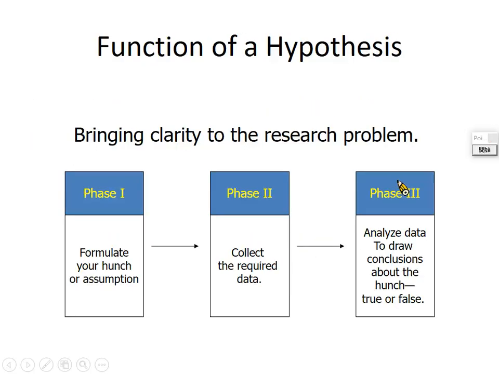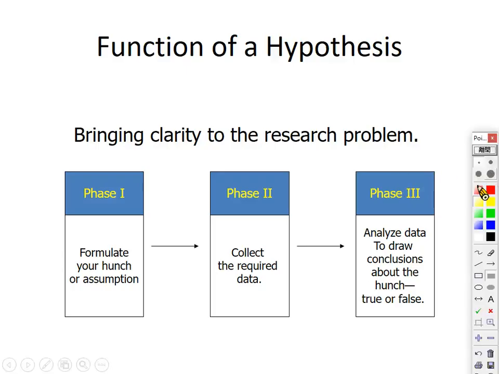And so functions of a hypothesis, what is the function? Because it brings clarity to a research problem. Let me give you some idea. Look here. Let's use the one example we have used constantly.